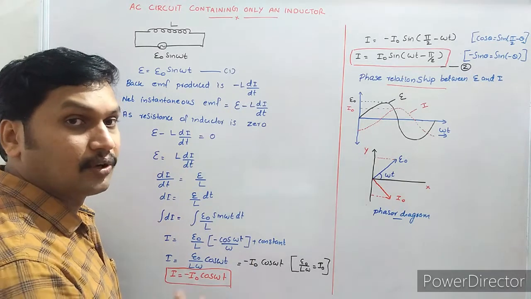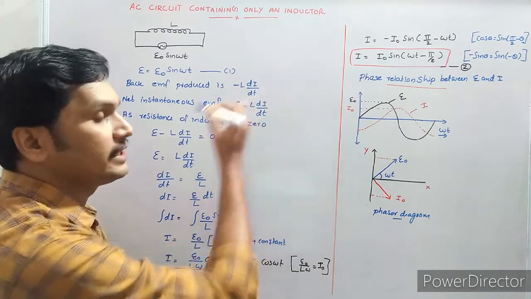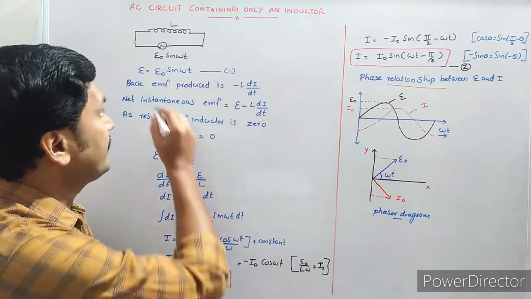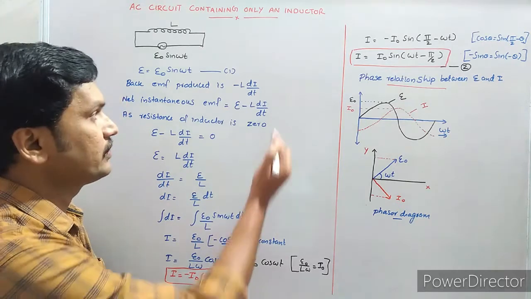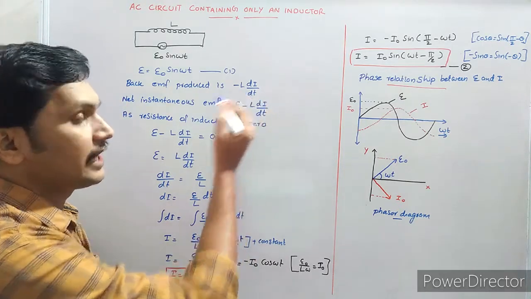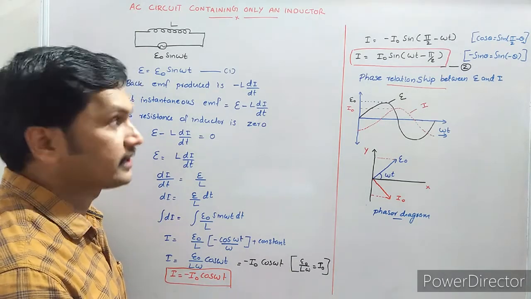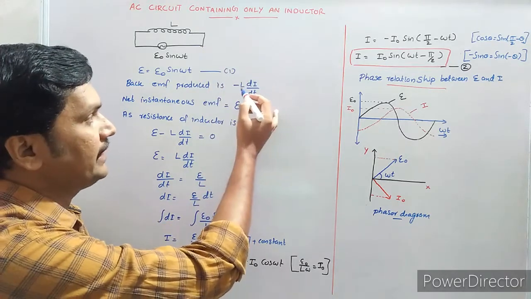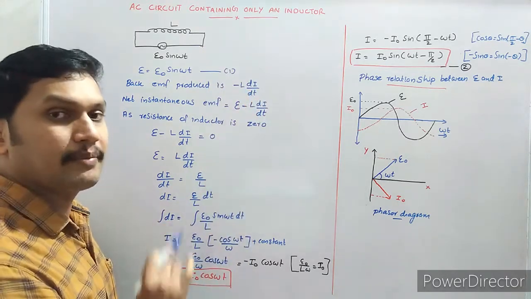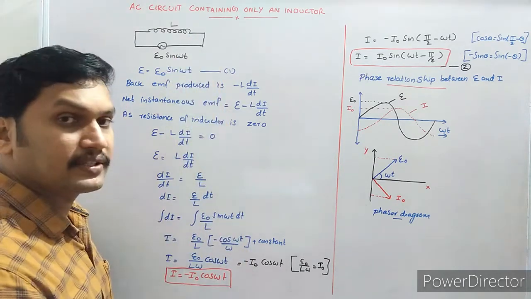Let us say the growth or decay of current in the circuit is di by dt. So the back EMF or induced EMF produced in the circuit is equal to minus L di by dt, by Faraday's law of electromagnetic induction, where di by dt is the rate of change of current and L is the self-inductance of the coil.